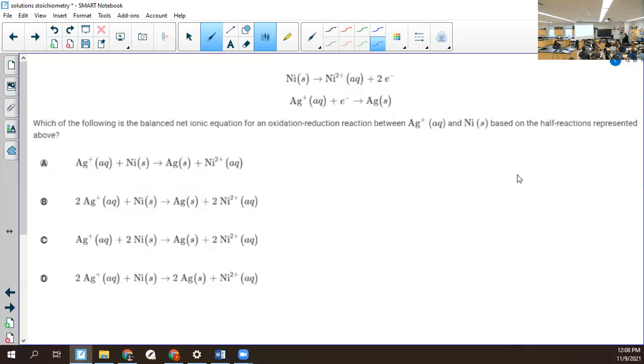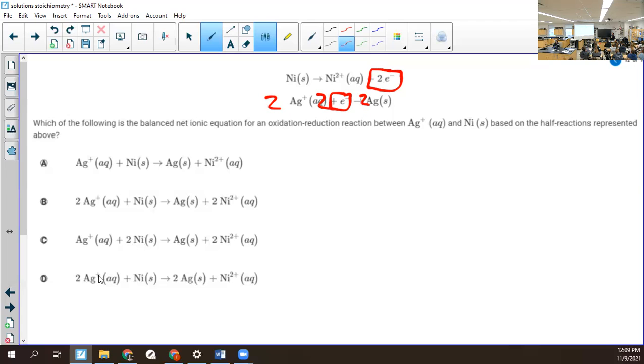Now, D as in Davidson's birthday is Saturday. Right here is the key. Look right here. This has a change of 2 electrons, correct? This only has 1. They have to be equal, correct? So no matter what, you have to double everything here.